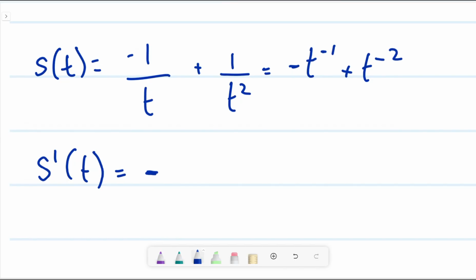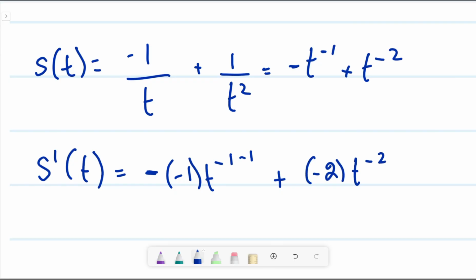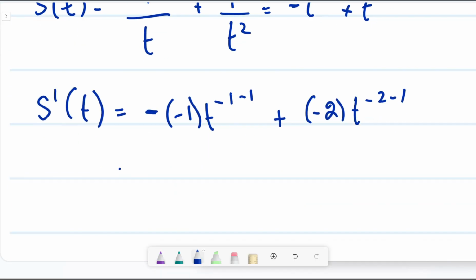For the first one, I keep the negative sign outside, and then I drop the power, and then I subtract 1 from the minus 1 in the exponent. I do the same thing for the second one. I drop the power, which is -2, and then I subtract 1 from the exponent. This leaves me with -1 times -1 is +1 times t to the power of -1 minus 1, which is -2. For the second one, this gives -2t to the power of -2 minus 1, which is -3. And this is our answer.